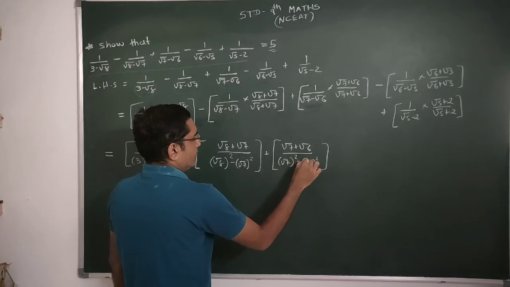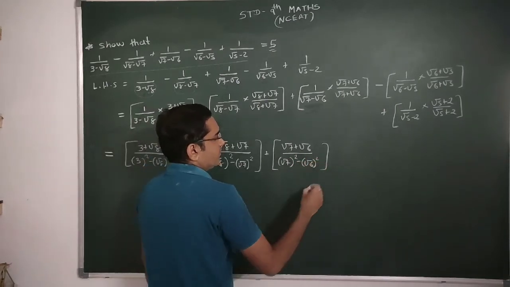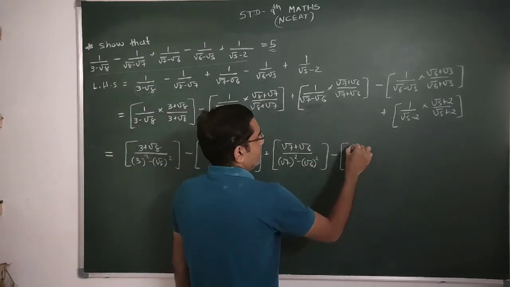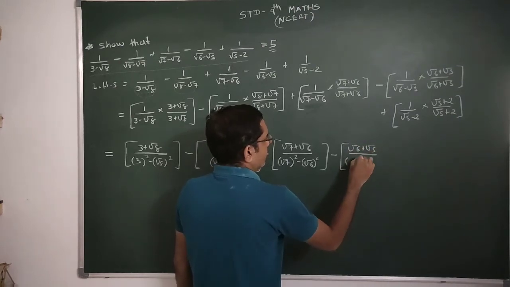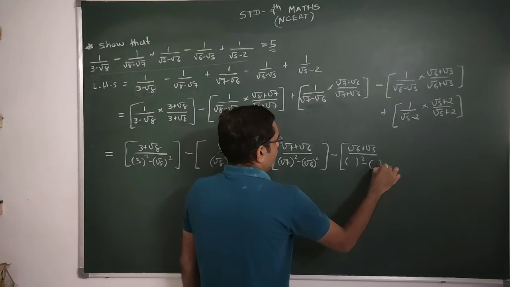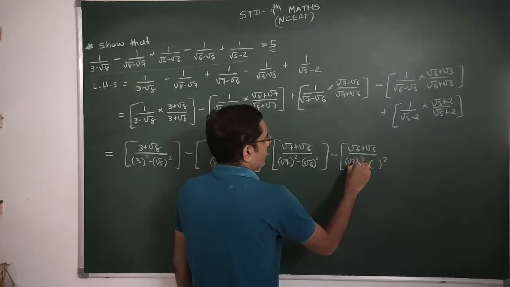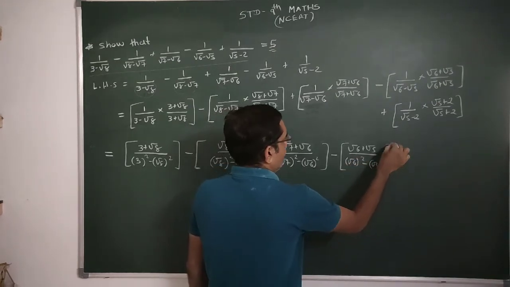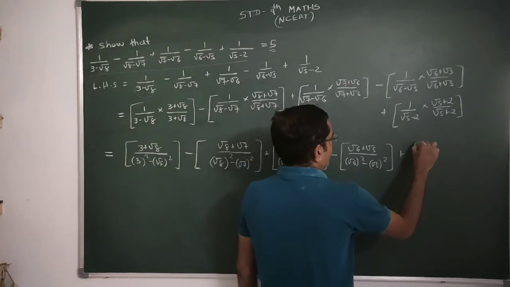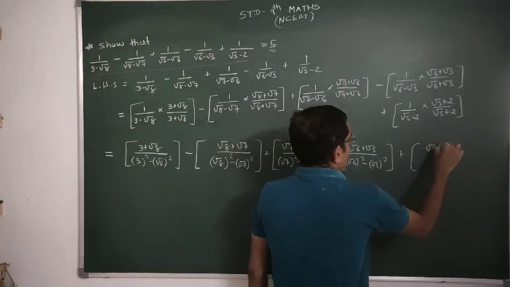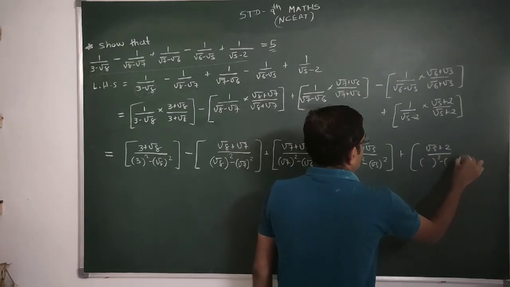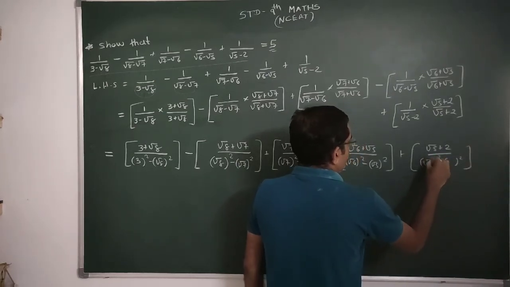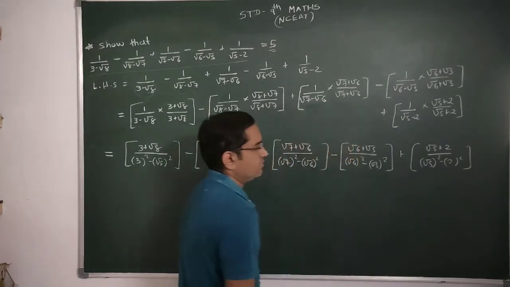The first term is root 7, the second term is root 6. Minus root 6 plus root 5 divided by first term square minus second term square. The first term is root 6, the second term is root 5. Plus root 5 plus 2 divided by first term square minus second term square. So it's root 5 and 2.